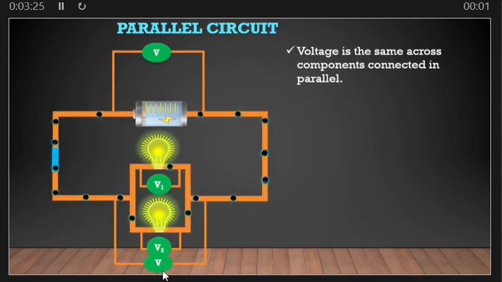The reason is that voltage is the difference of electric energy of electric charges between two points. What a voltmeter does is test the energy that electrons come with on this side and the energy that electrons leave with on this side. So even when connected across this circuit, it is able to know how much electric energy is going this way and how much is coming this way.